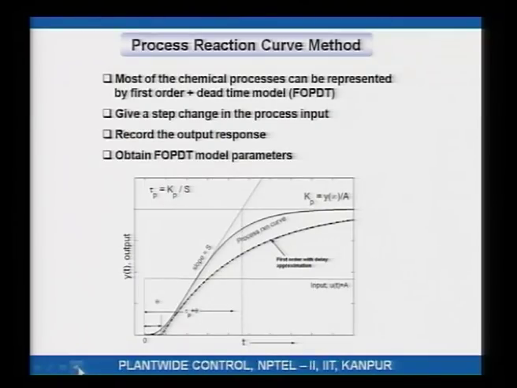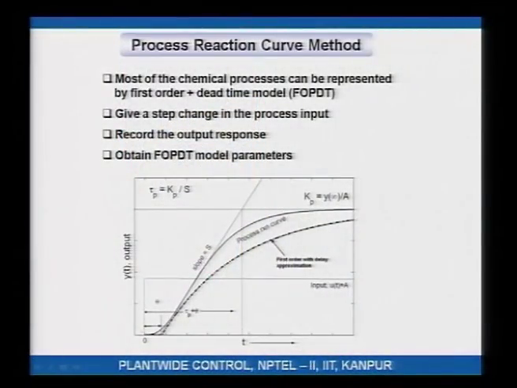Now, the process reaction curve method essentially tries to fit a first order plus dead time model to an S-shaped output response. Most of the chemical process responses can be represented by a first order plus dead time model.